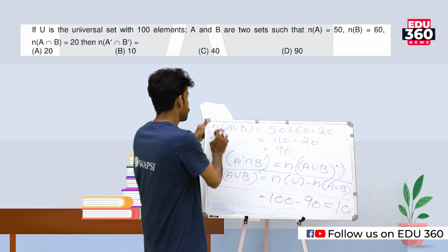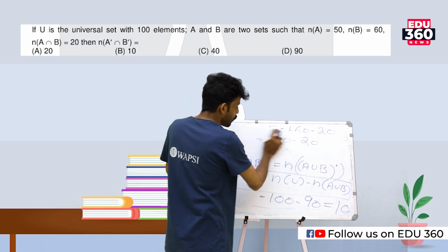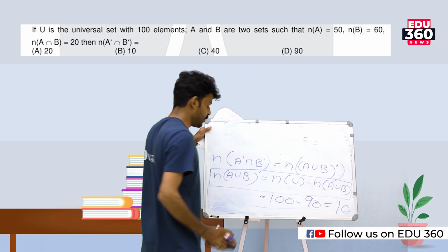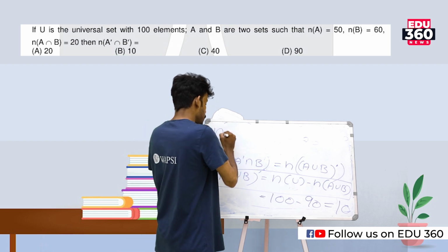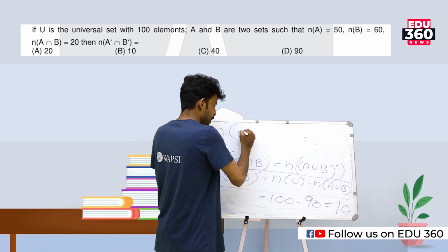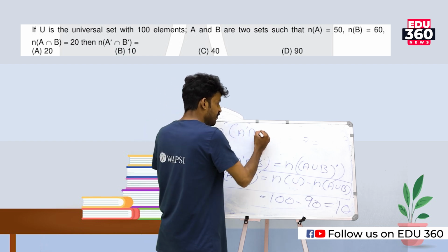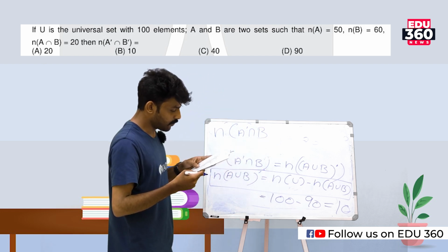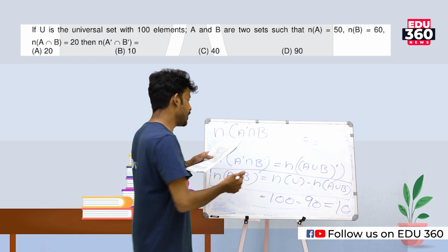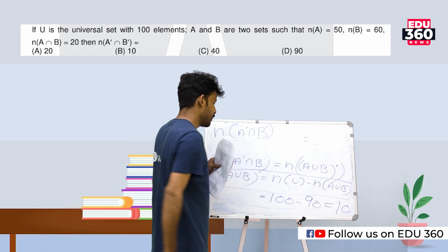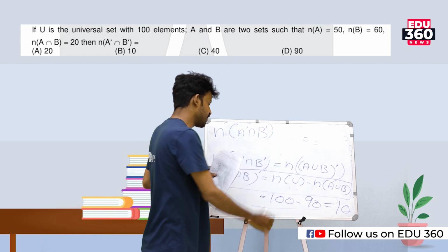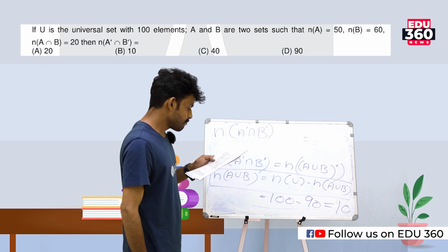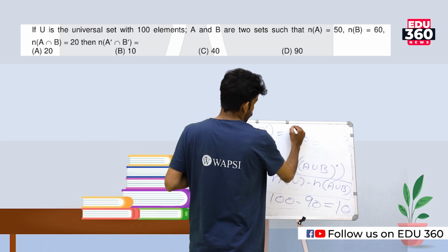So that means for the given question, n of A dash intersection B dash is equal to 10.